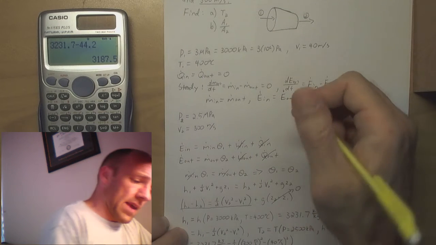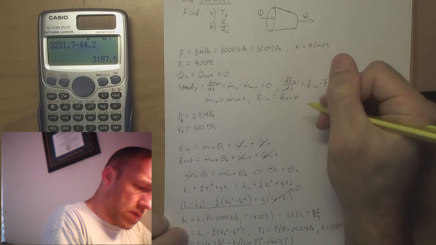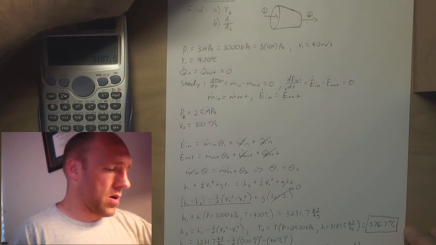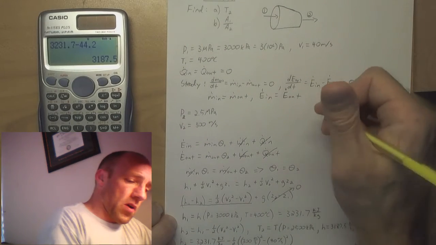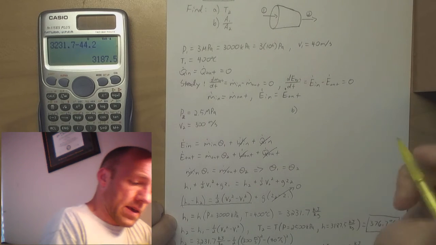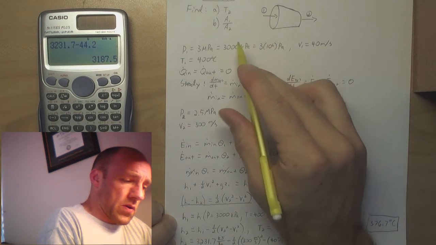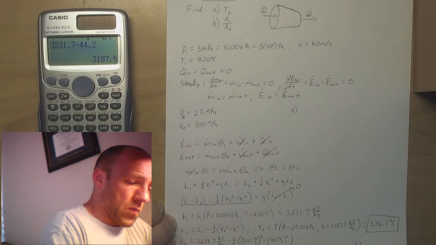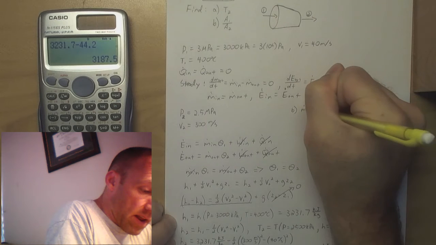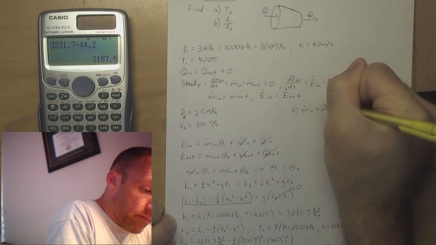Then part B. For part B, we take into account the mass balance, right? So the m dot in equals m dot out.